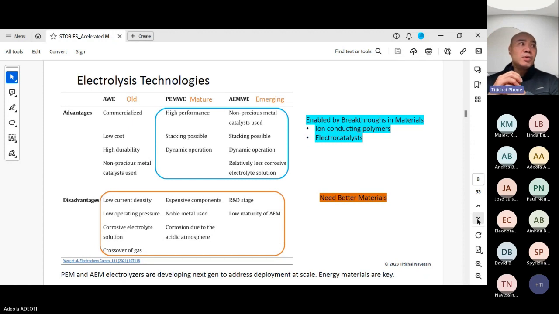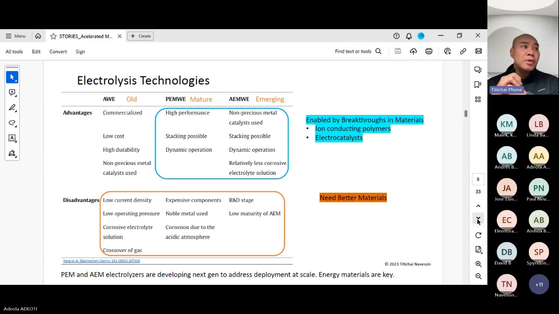Now we move forward to the proton exchange membrane water electrolysis, PEM water electrolysis. This is fairly more mature, with the use of Nafion or perfluoro membranes. This type of system allows much higher power density and performance, but with some significant drawbacks. Components are expensive.